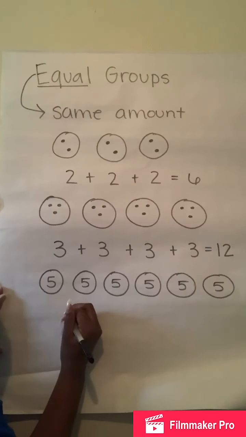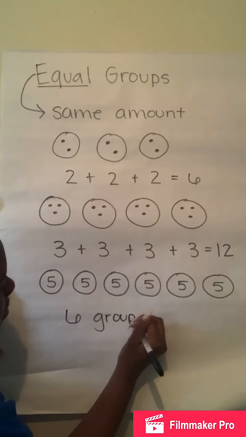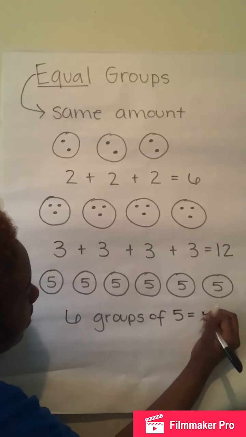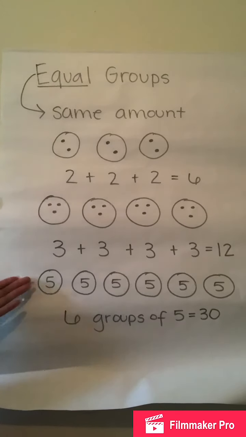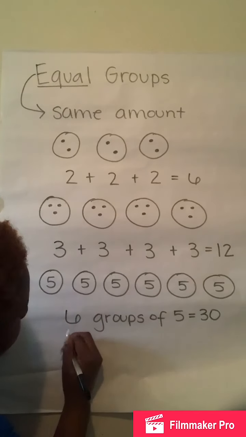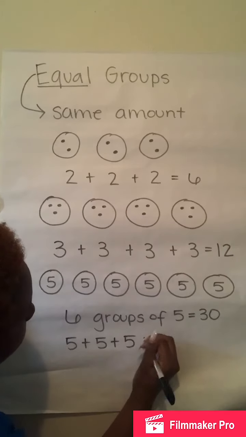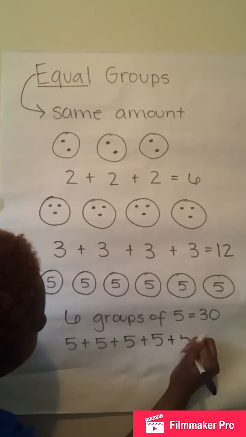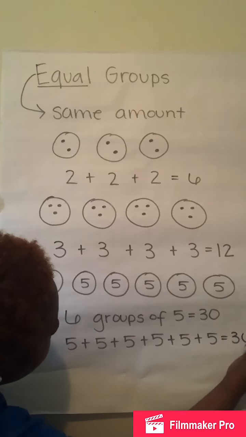So 6 groups of 5 equals 30. Or I can write the equation 5 plus 5 plus 5 plus 5 plus 5 plus 5 equals 30.